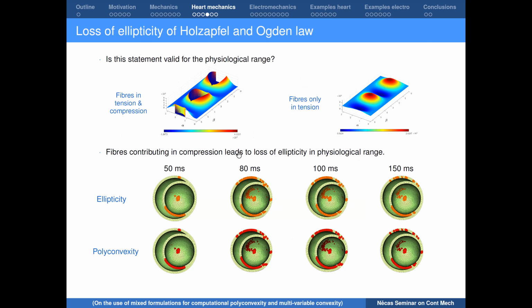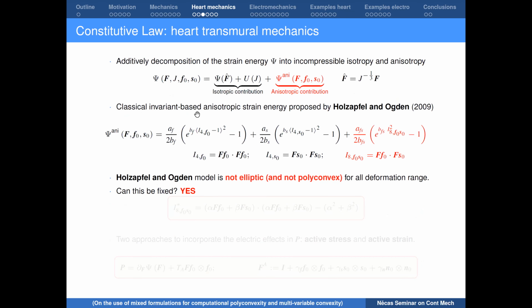This slide is just to give you an idea whether the loss of ellipticity takes place in the model as presented by Holzapfel and Ogden. What we see is that we took the invariant depending on this Macaulay bracket that I mentioned to you before, namely this one. And what we did is to deactivate this Macaulay bracket, so we let it work also in the compressive case.